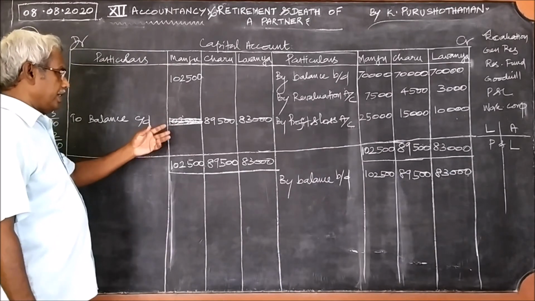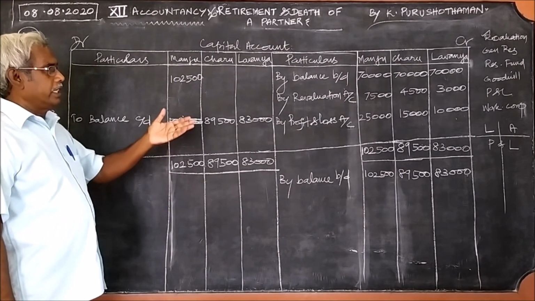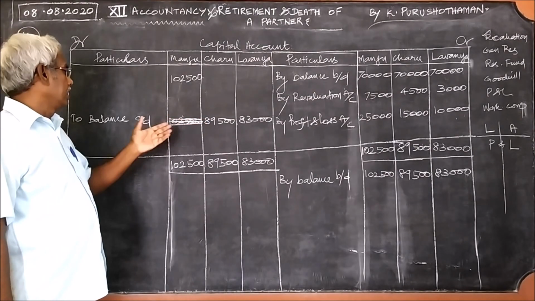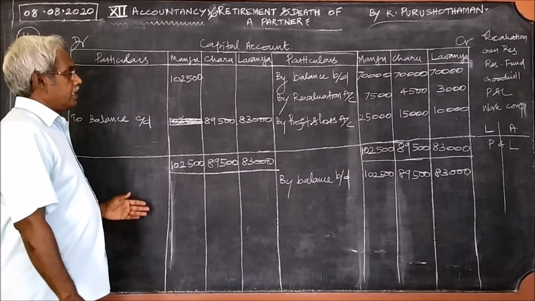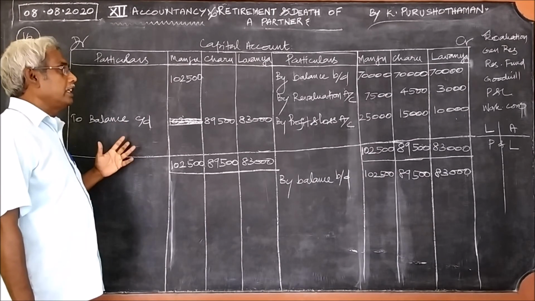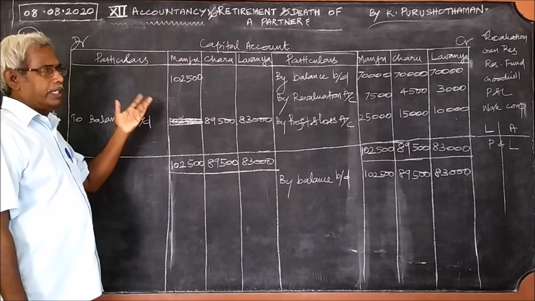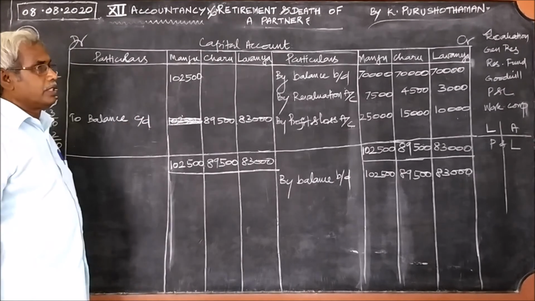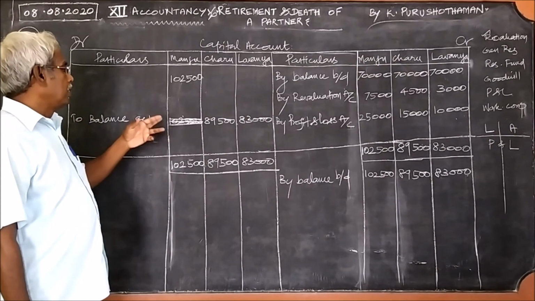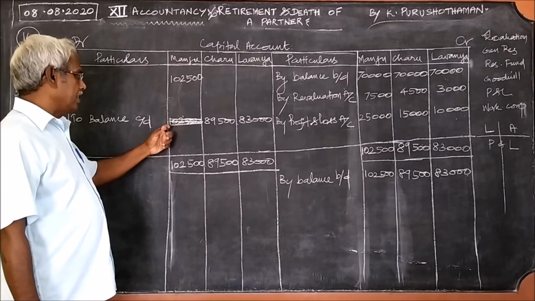You understand this? Generally, when there is no entry on the debit side, we write the total on the credit as to balance carried down. But here we cannot write because Manju has retired already. After her retirement only this account is prepared. So the amount due to Manju cannot be under balance carried down.